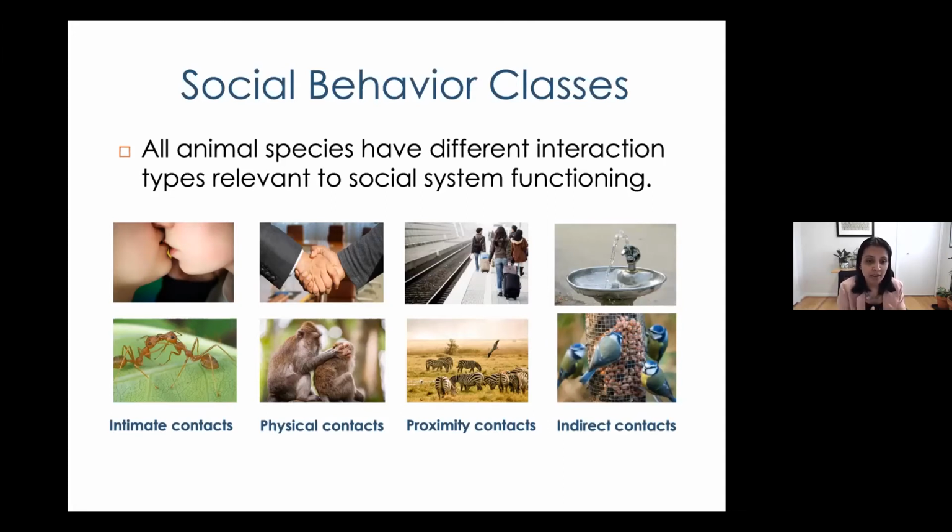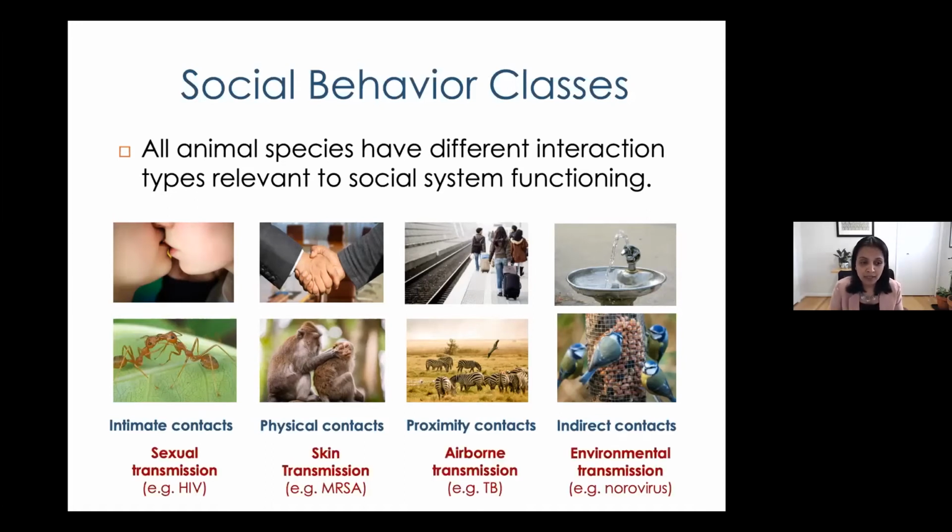In this example, you might have a bird feeder where some birds feed at that feeder at one point in time, and a different set of birds comes along and feeds at a different time. But for certain interactions, that would still count. Each of these behavior classes translates to transmission of different classes of diseases.